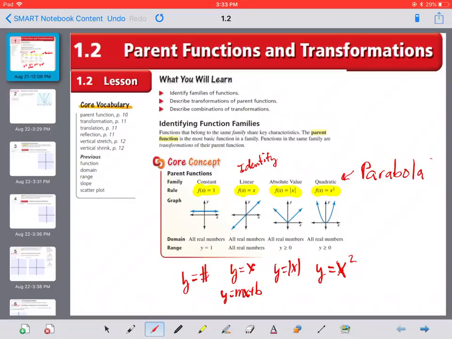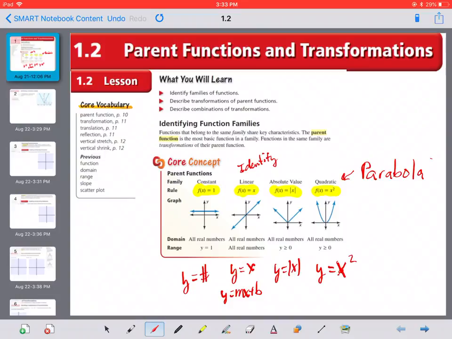Now that is a little bit different than absolute value. Absolute value, instead of a solid line, is kind of a reflected line. It bounces. It goes to a point and stops and starts going back up again. So f of x equals the absolute value of x. I like this one, it's easy to recognize because absolute value has a V in it, and the shape of the graph is a V. The domain is all real numbers, since the arrows go left forever and right forever.